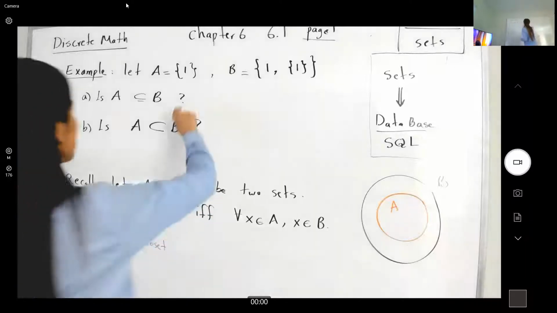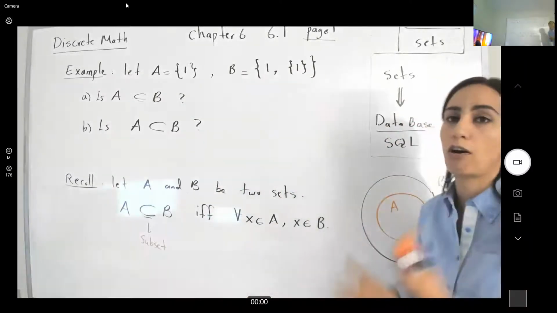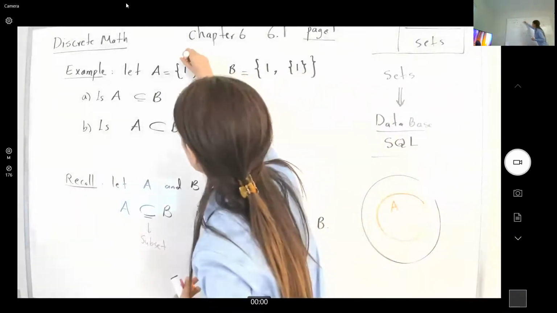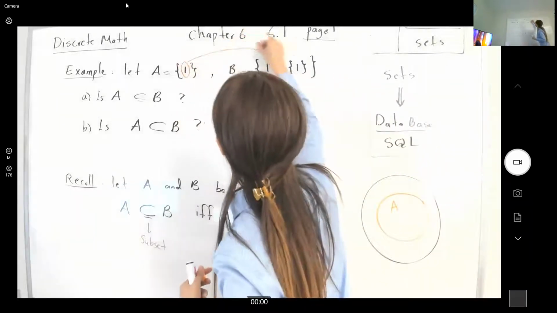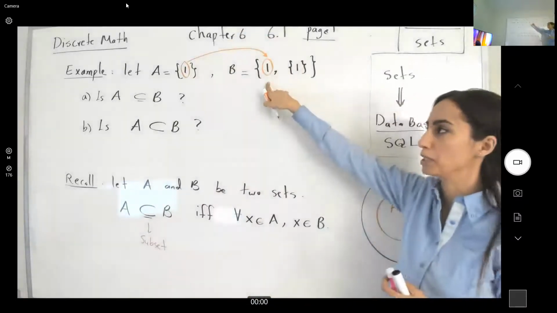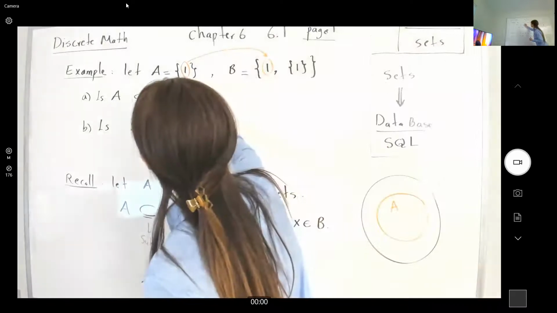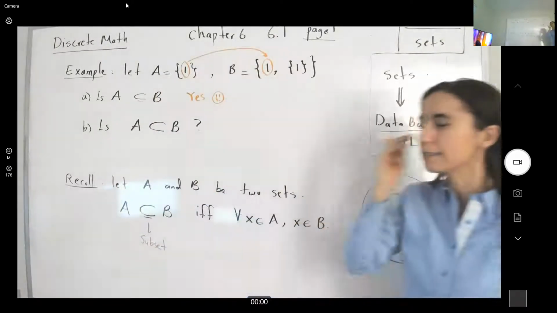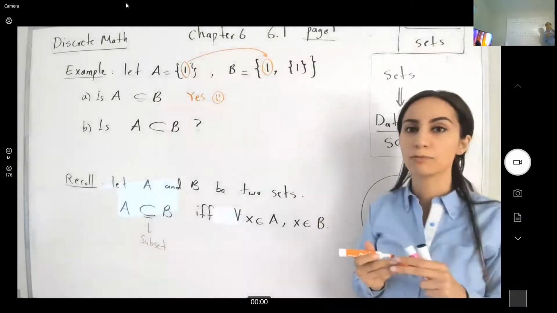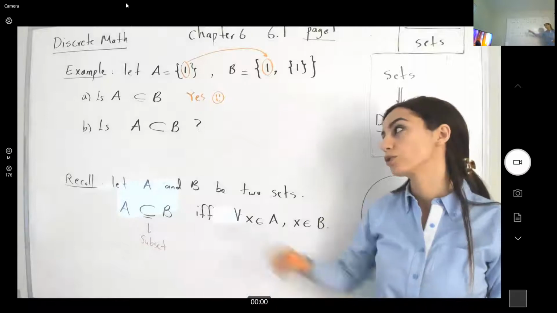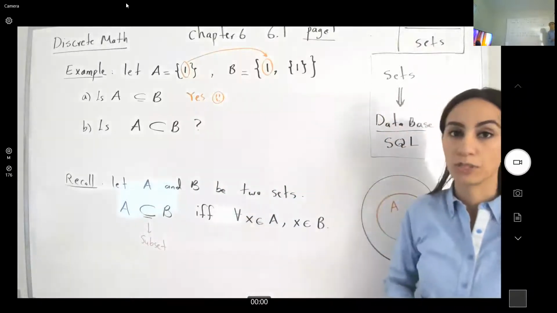Well, the answer to the first part is yes, of course. If I take the element in set A, which is 1, I see that element lands in the larger set B. So the answer here is yes. Is A a proper subset of B? You have different methods of investigating whether A is a subset of B or not.